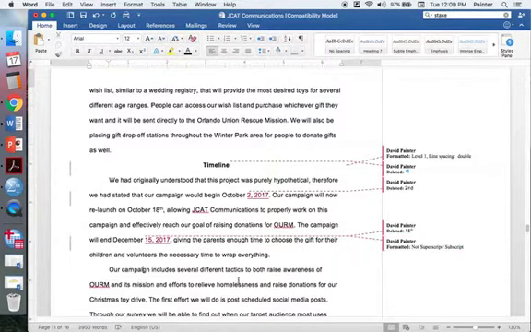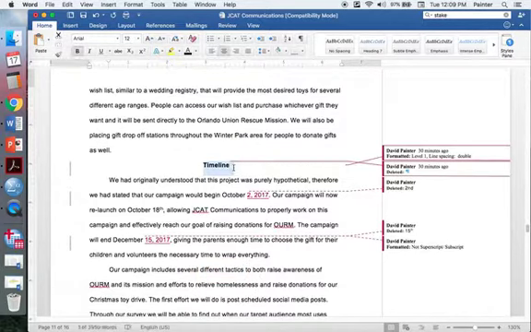This campaign includes several different, now we're talking about tactics in the timeline. The timeline should say, This campaign will begin on this date and it will end on this date. And it will explain what messages will be posted on what social media platforms, on what days, at what times, over every day of the campaign.